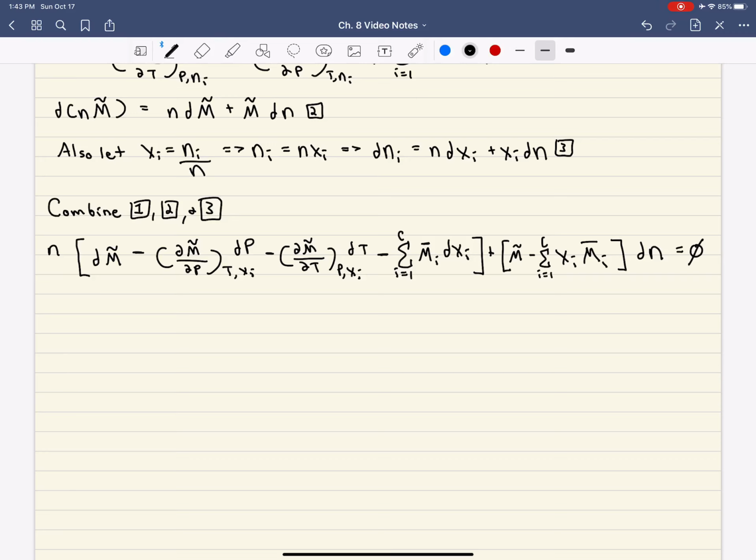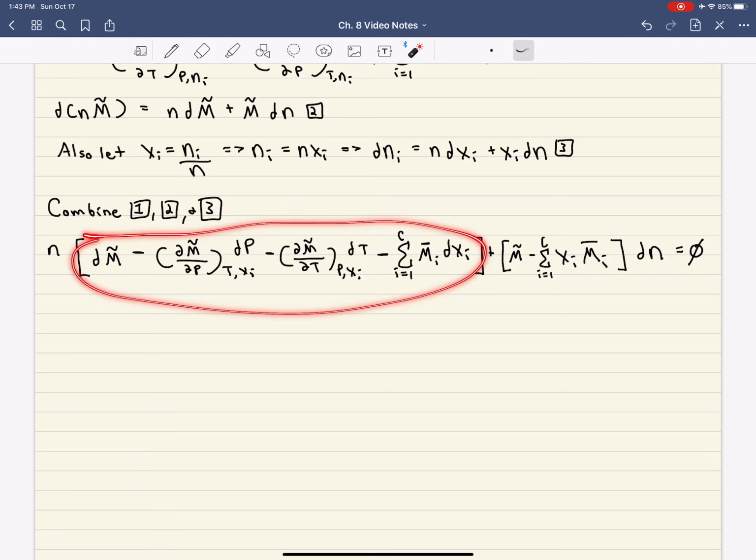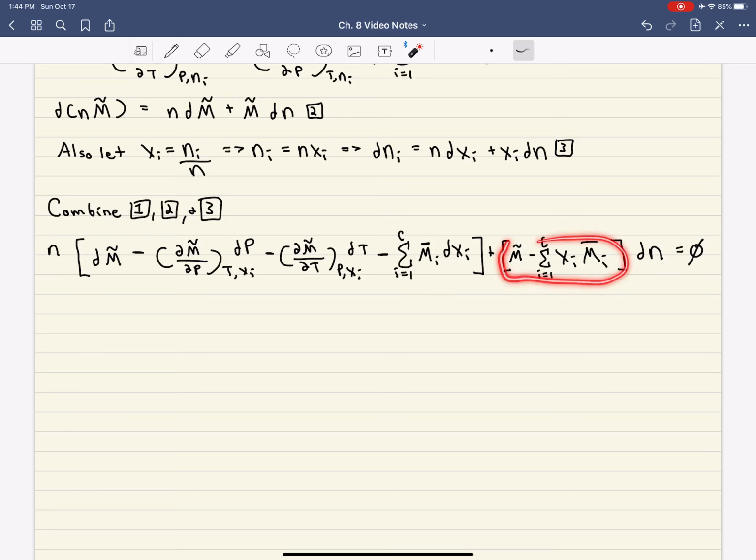But there's one thing that we should think about. So this first term in brackets here is multiplied by N. And the second term in brackets here is multiplied by dN. And no matter what our values of N or the change dN are, this equation still has to be equal to 0, right?